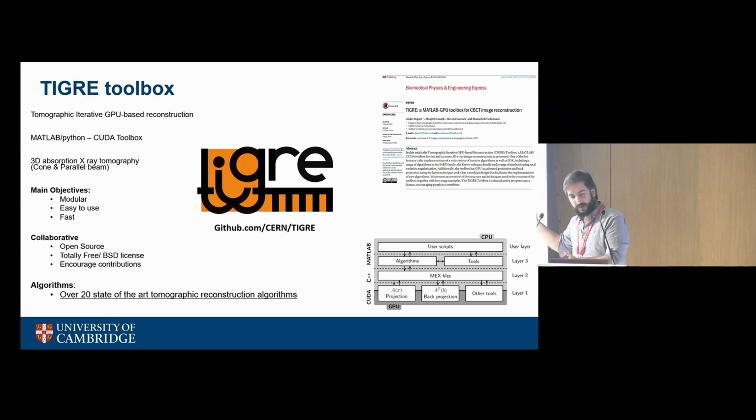During the past 8 years, I've been writing this software called the TIGRE toolbox. Basically it is a toolbox, open source, super easy to use, in MATLAB and Python. You can load the data set with one line. In fact, someone in the audience has written a data loader for X-ray scanners, and I think it supports 5 or 6 scanners nowadays.